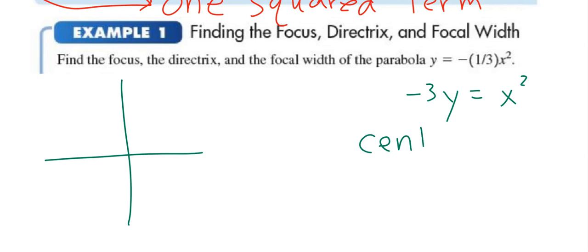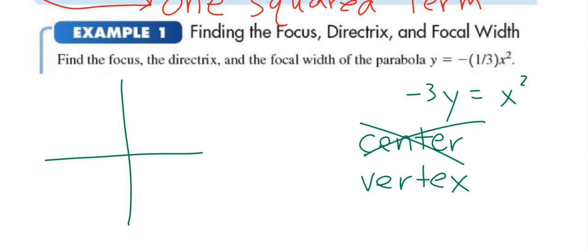What's my center? We don't have one. Good catch. Nice. What about that vertex? Okay.